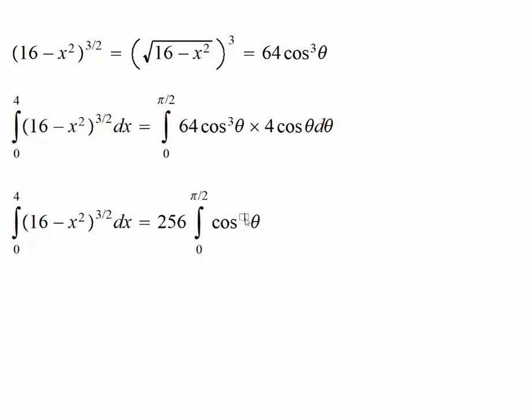Now we have to do one more transformation. We have cosine theta to the power 4 and we don't have a factor of sine theta to substitute.